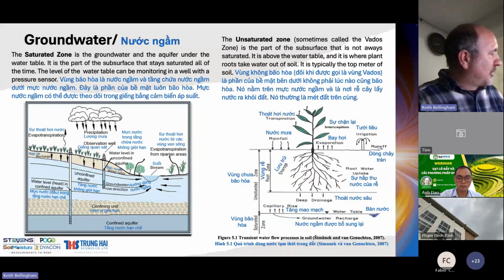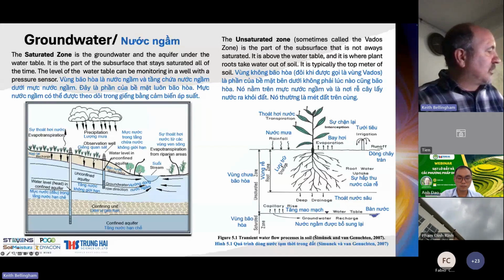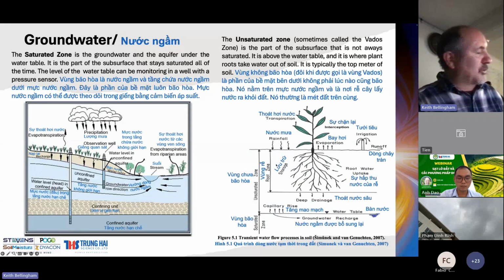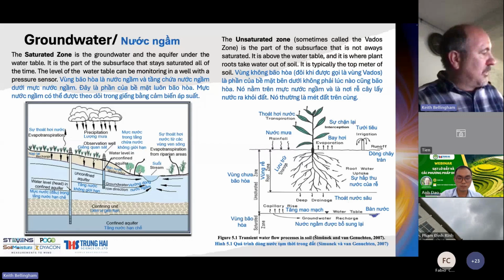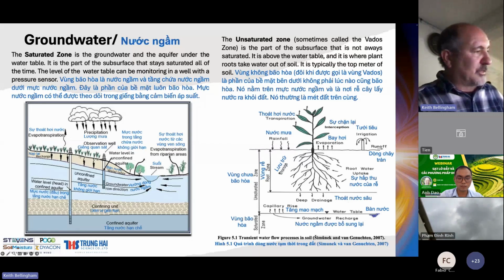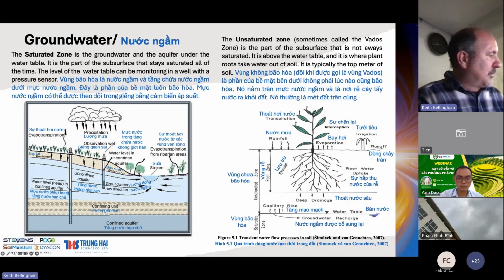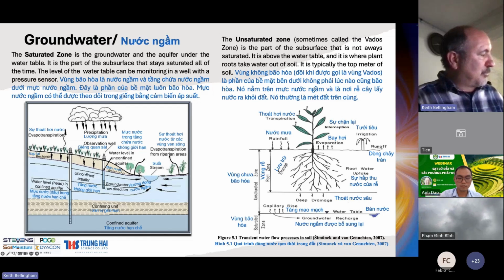And then above the water table, we have what's called the unsaturated zone. It's also called the vadose zone, and this is where the soil is not saturated all the time. It's where the roots of plants are. It's where roots get their water, and it can vary in soil moisture.